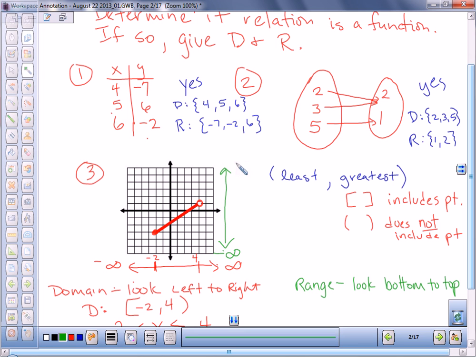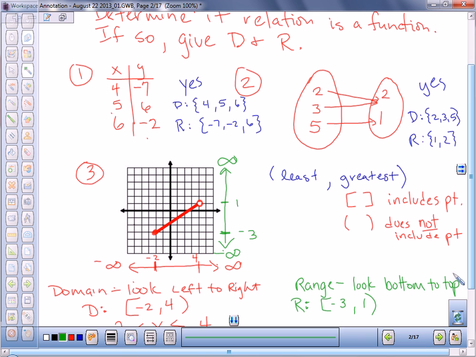If it went up forever, the top would be +infinity. But this one doesn't do that. It goes from here, the bottom is at -3, to here. The top stops at +1. So this range for this particular graph goes from -3 to +1.